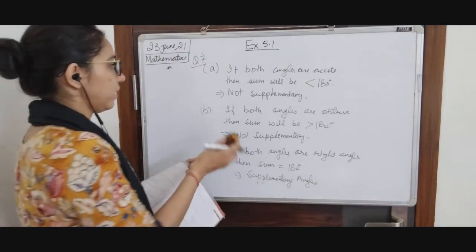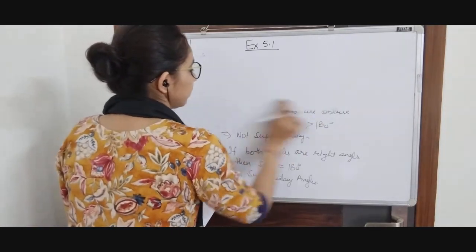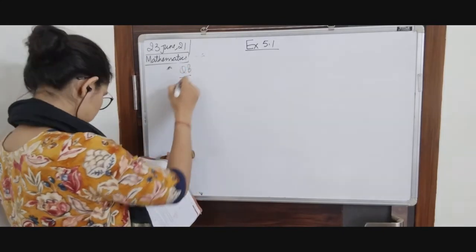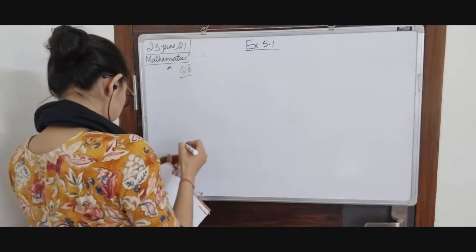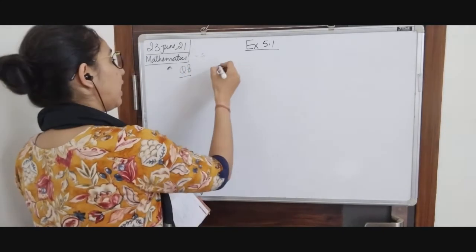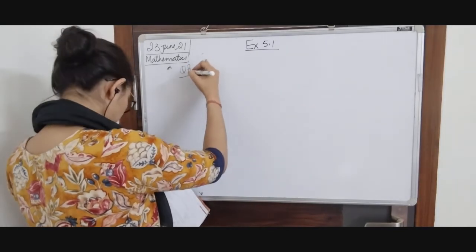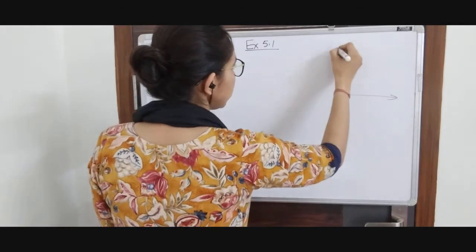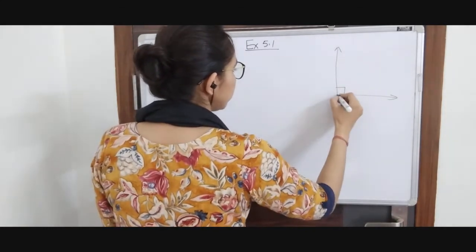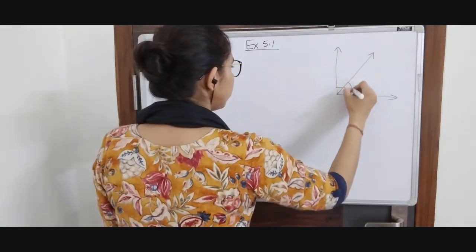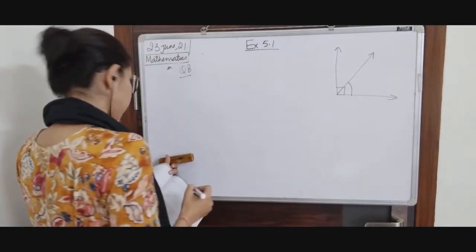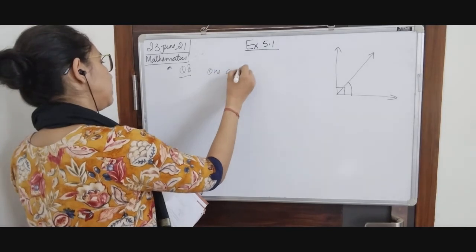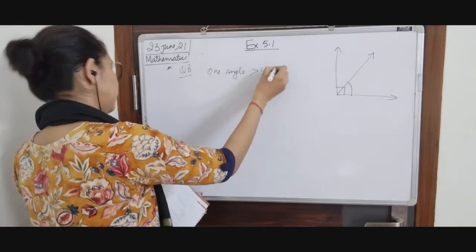Now question number 8. In question number 8 we have an angle greater than 45. So we are talking about complementary angles. Complementary angles means the sum is going to be 90. So one angle is greater than 45 degree.